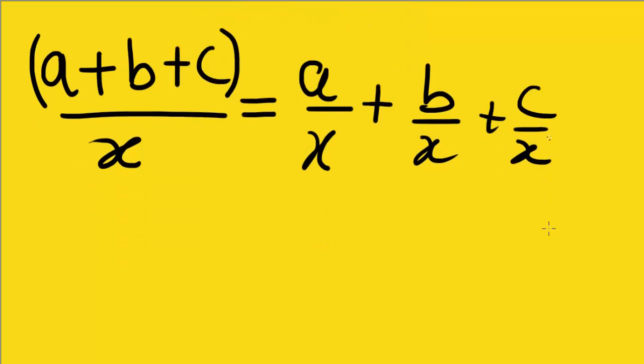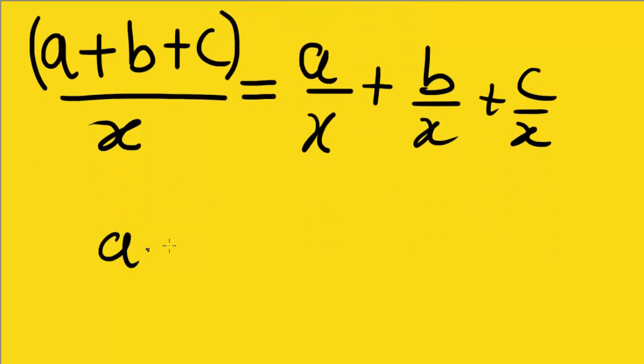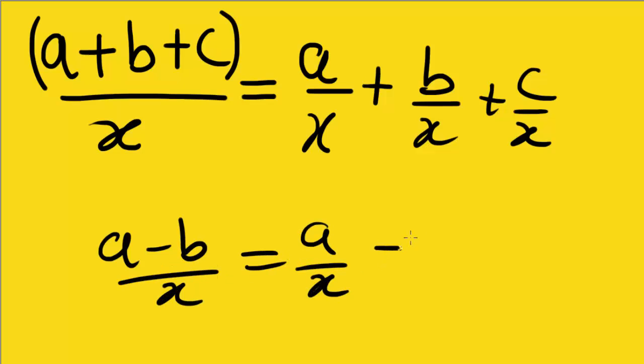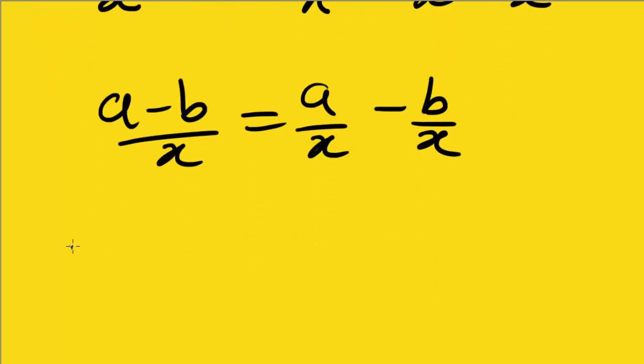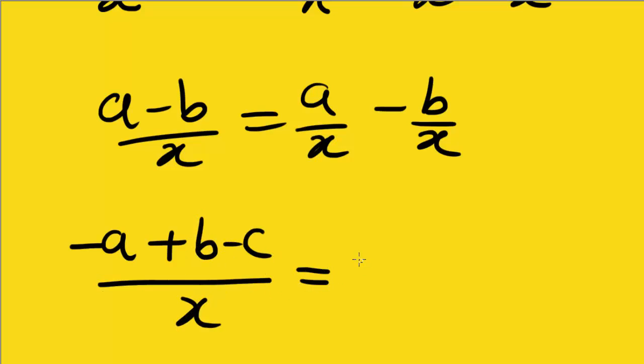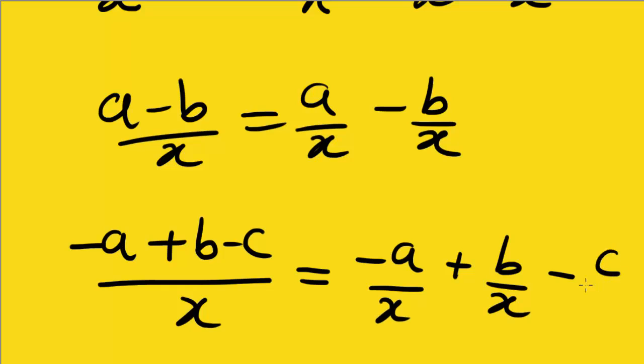Similarly, a minus b over x would be a over x minus b over x. Also, if I had minus a plus b minus c over x, it would be minus a over x plus b over x minus c over x.